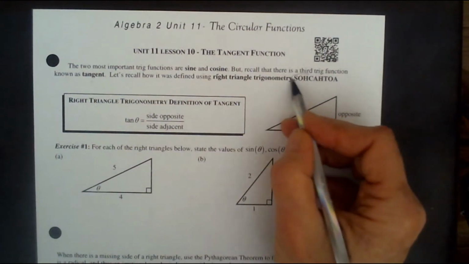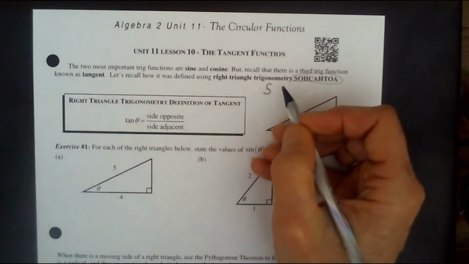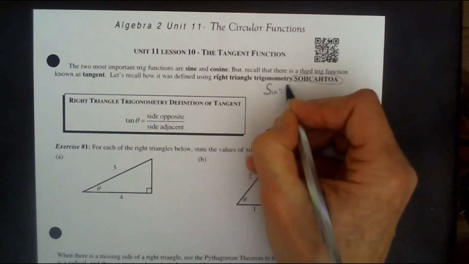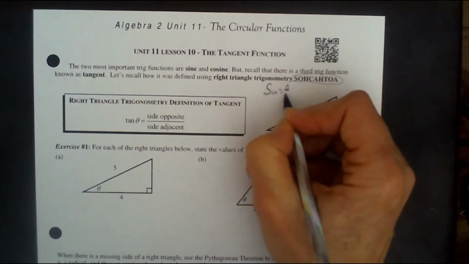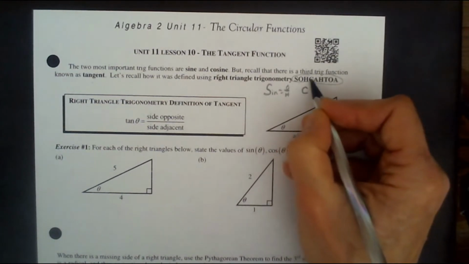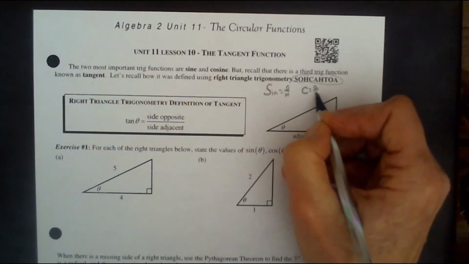If you remember SOHCAHTOA, I'd like you to write it down. The SOH part of it is the sine is equal to the opposite over the hypotenuse. Write this down as many times as you can so you can remember it. CAH stands for cosine: cosine is adjacent over hypotenuse.